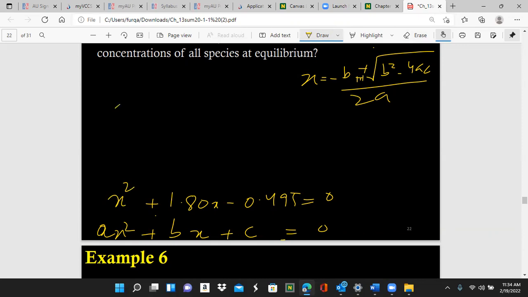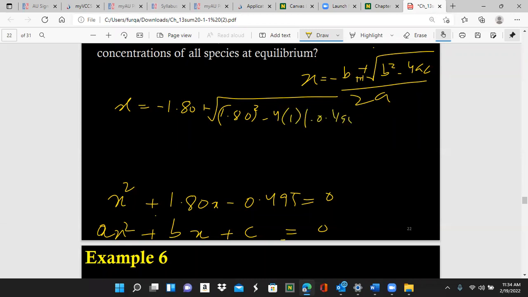So x is going to be equal to minus 1.80 plus the root of 1.80 squared minus 4 times 1 times minus 0.495, right? Then divided by 2 times 1. You're going to be solving for this. The value of x will turn out to be 0.2423.